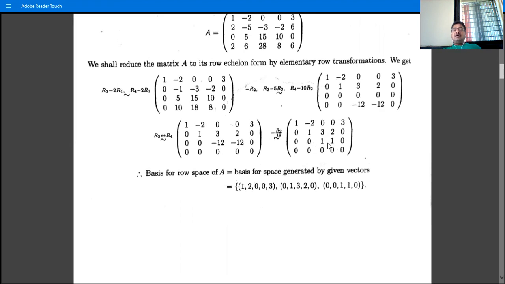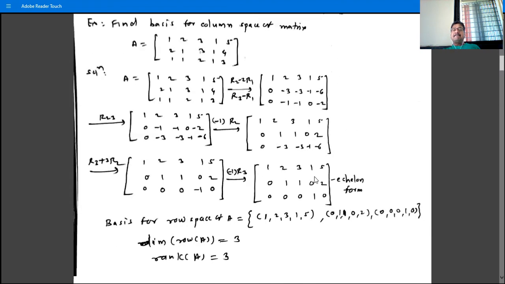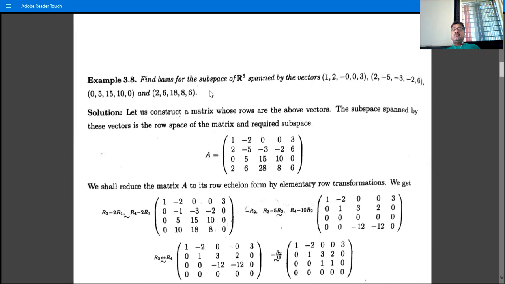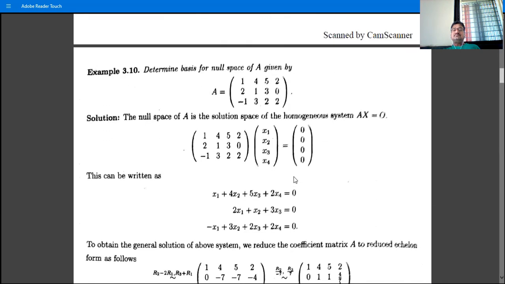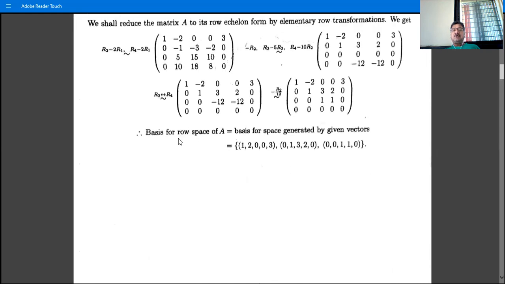So the basis for the row space of A, that is the basis for the space spanned or generated by the given four vectors, is the basis for the row space of A, and we know that the basis for the row space of A is the set of non-zero rows.